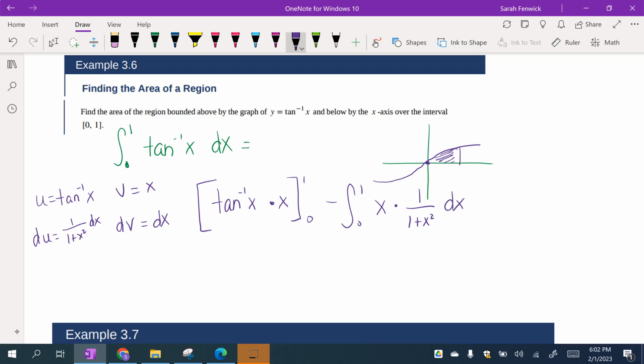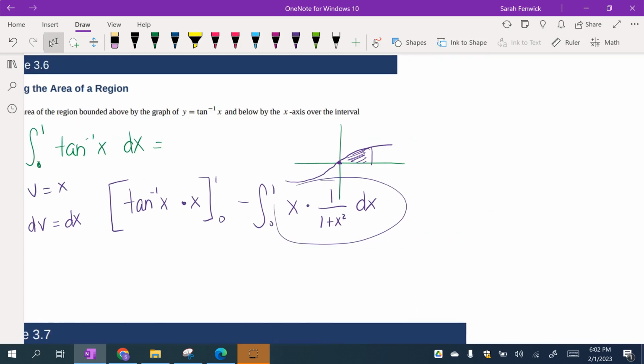If I evaluate inverse tan from 0 to 1, we'll get an answer for that in a few minutes. What we're going to look at right now is this bad boy right here. So if I have x over 1 plus x squared, I'm going to put my dx up there as well.